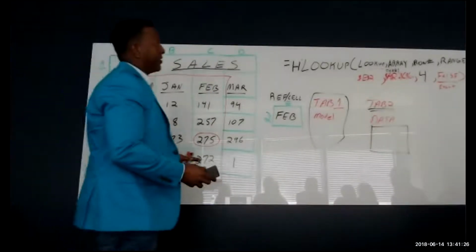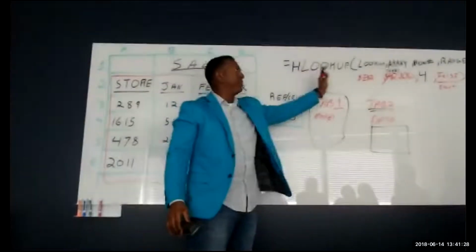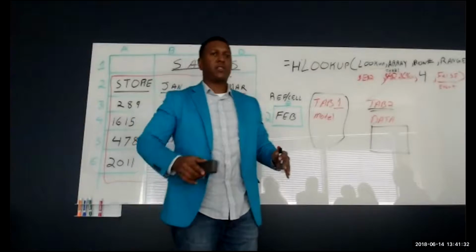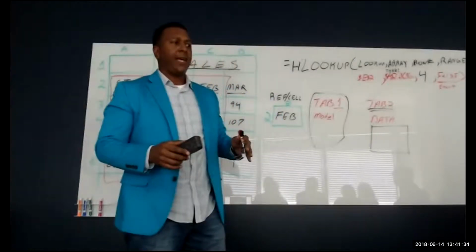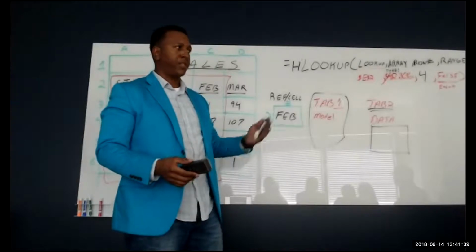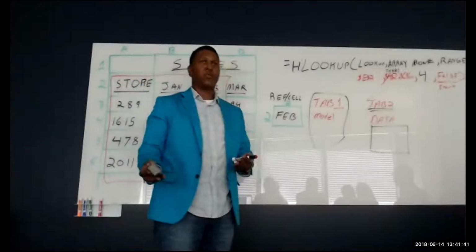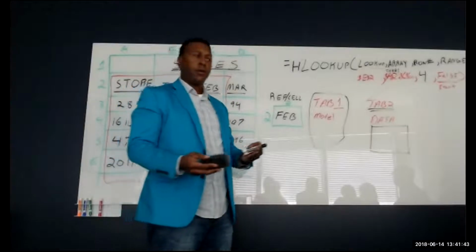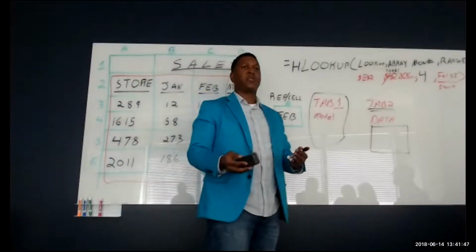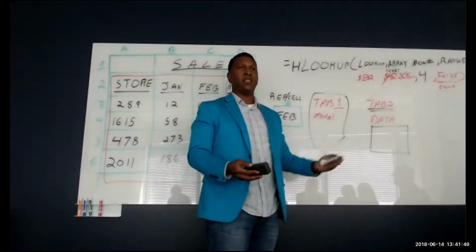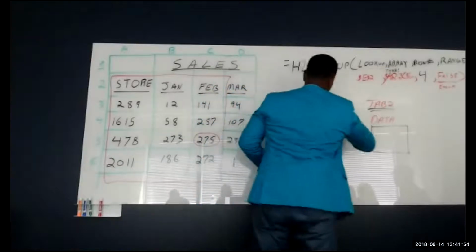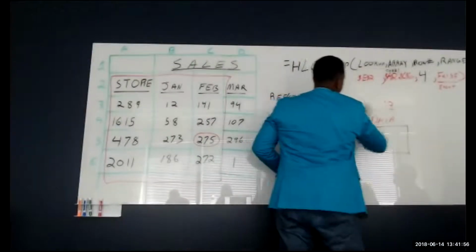An index match is going to use a totally different set of syntax. An index match is truly a compound formula. It's not a singular formula. There's an index formula and there's a match formula, okay? The match we're going to use within this formula is just to answer one of the questions for the index, okay? So let me erase some of this and then we'll jump into it.